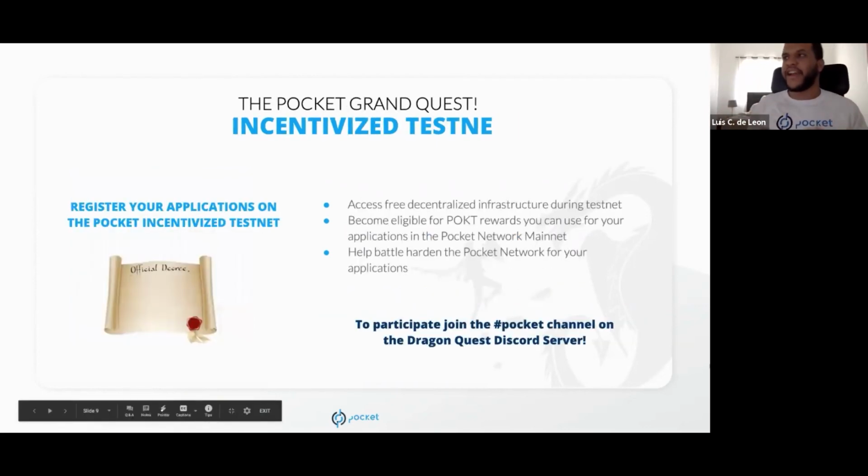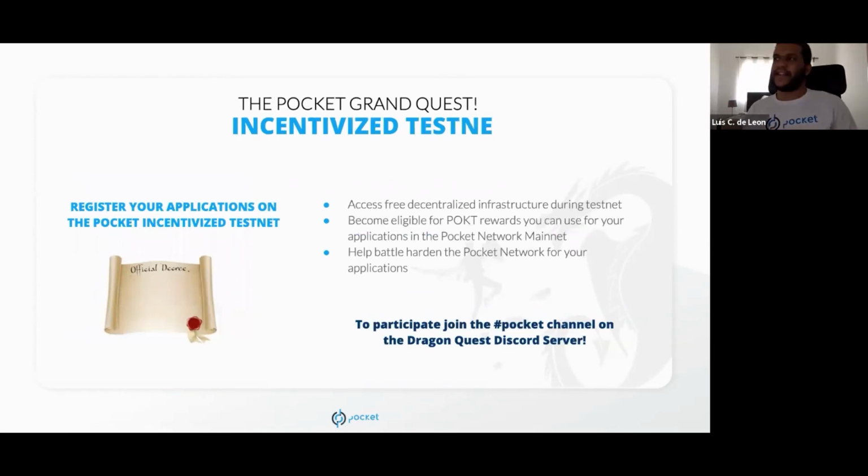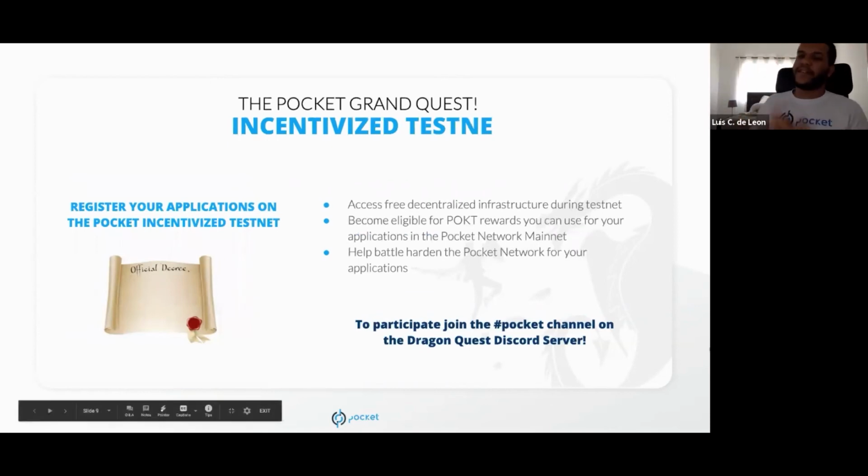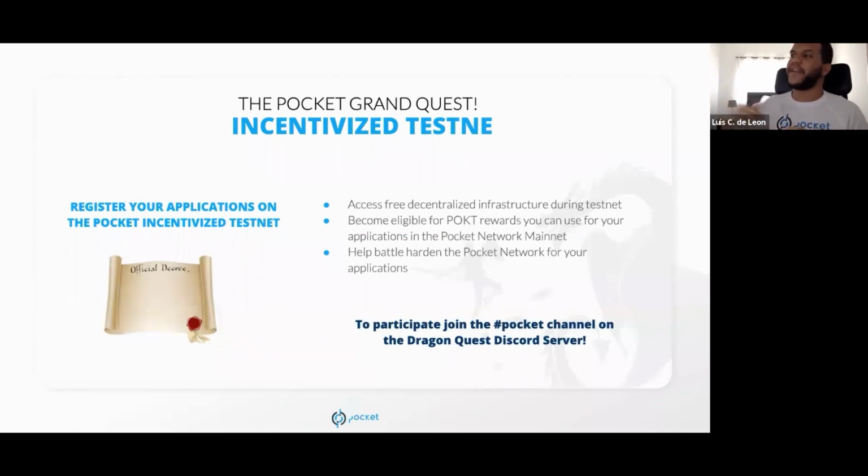But there's more. We also have the Pocket Grant Quest incentivized testnet. What the incentivized testnet does is allow your applications to get free decentralized infrastructure during the testnet period. With that, your application is gonna become eligible for POKT rewards, which is the custom cryptocurrency that the Pocket Network uses. And then you can use that POKT to run your applications on mainnet when we launch mainnet later this year.